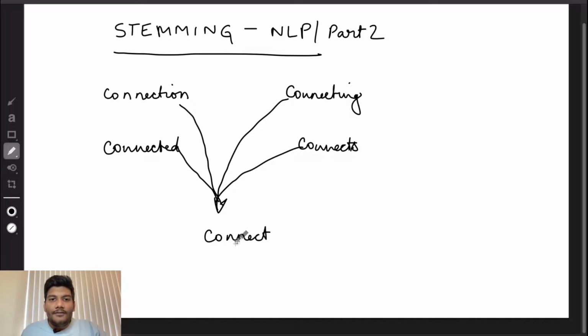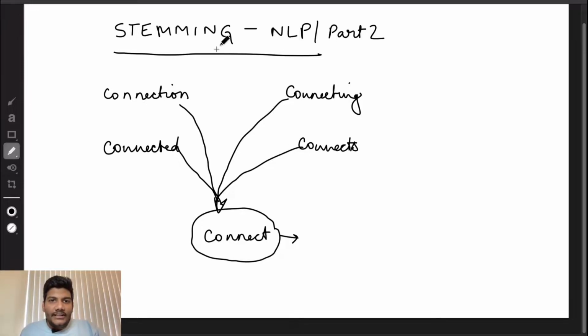If I have to make my machine understand all these words without confusing it, so that word redundancy is avoided, I need to somehow reduce all these words to their simplest or word stem form, which is connect.